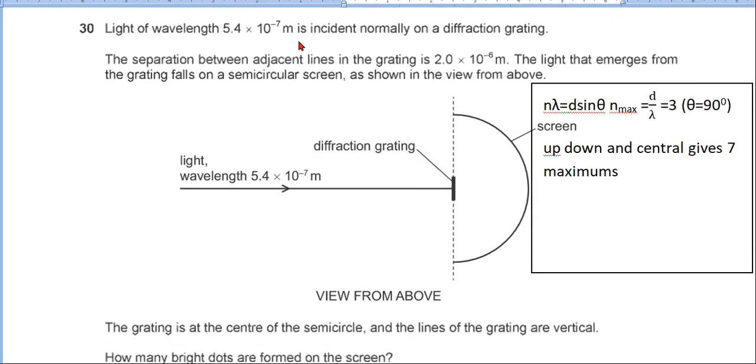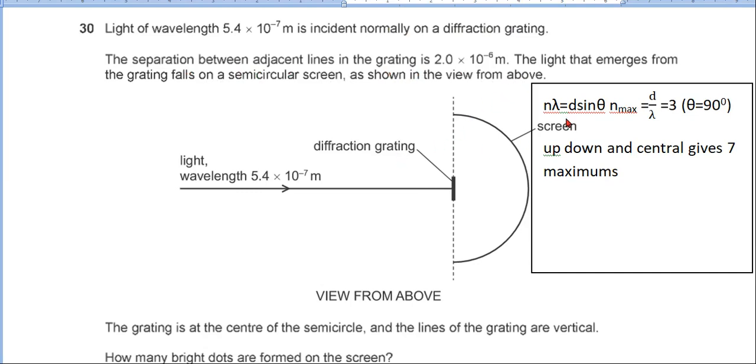Light of a given wavelength is incident normally on a diffraction grating. The separation between adjacent lines is given. The light that emerges from the grating falls on a semicircular screen, as shown in the view from above.